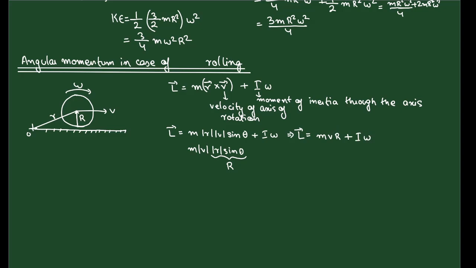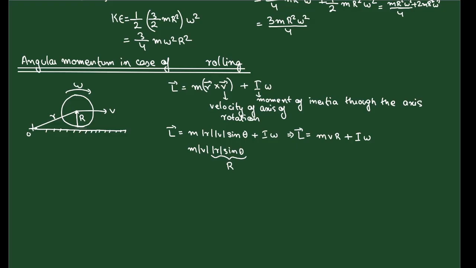Understood? Angular momentum of a rolling wheel is nothing but mvR plus I omega. I is the moment of inertia about this axis, omega is the rotational velocity, m is the mass of the wheel, v is the velocity, and R is the radius.